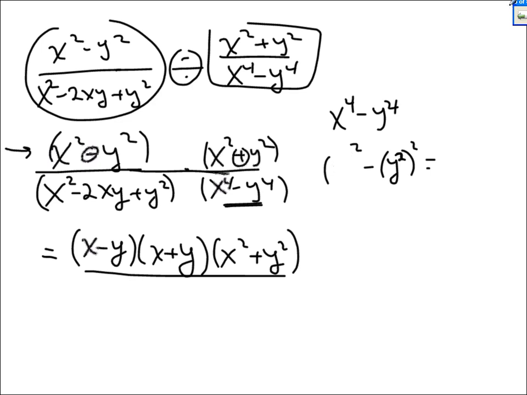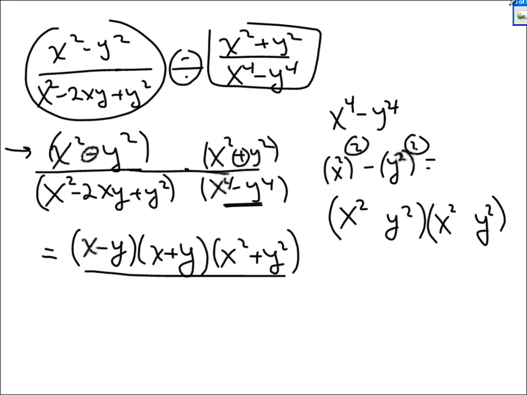I couldn't care less what's in the brackets. But it's being squared. Minus what's in the bracket is being squared. So I write down what's in the brackets 2 times in its own brackets. One gets a minus, one gets a plus. This can be factored. This is x plus y times x minus y.